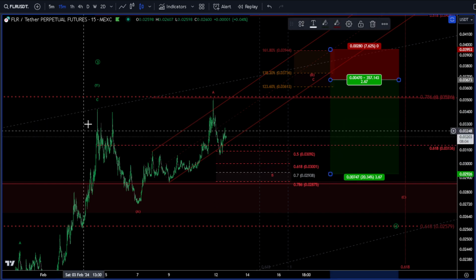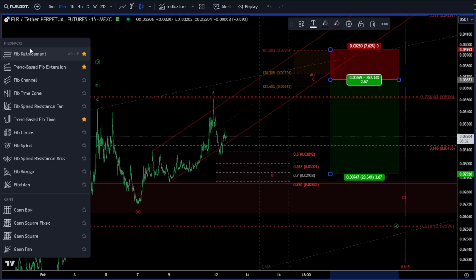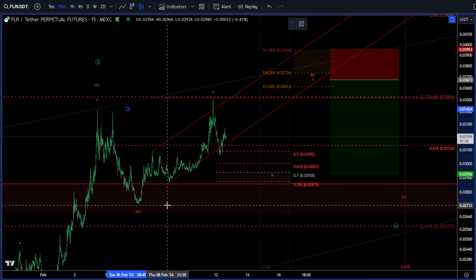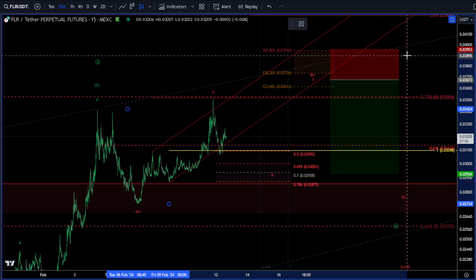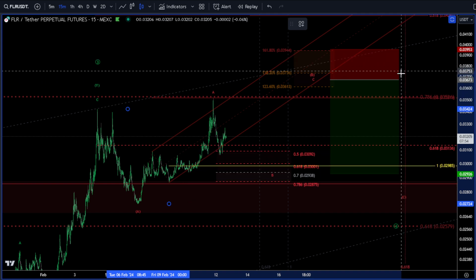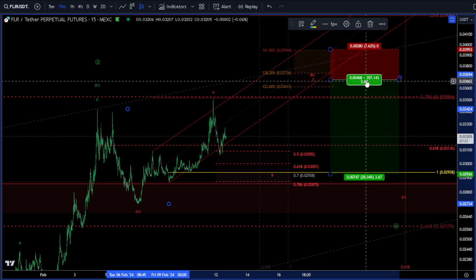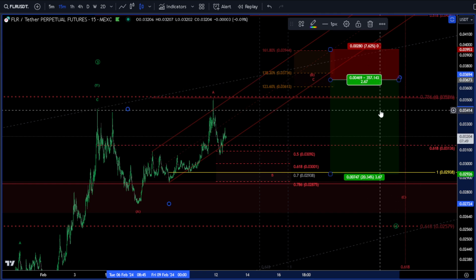And I'll be targeting the 1-to-1 extension of this A wave whenever that B wave ends. So if we come right between the 236 and the 382, my setup would be something like that, just over a 2-to-1, nice little risk reward.